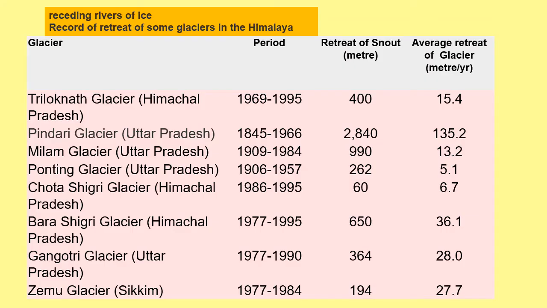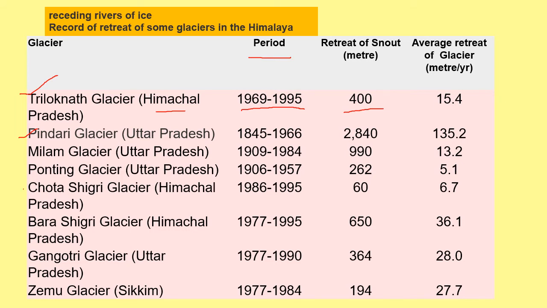Here a list has been presented of the Indian, rather Himalayan, glaciers and their retreat rate within the particular period. The Toirukonath glacier of Himachal Pradesh retreated almost 400 meters from 1969 to 1995. The Pindari Glacier of Uttar Pradesh has the maximum retreat rate, that is 2840 meters.